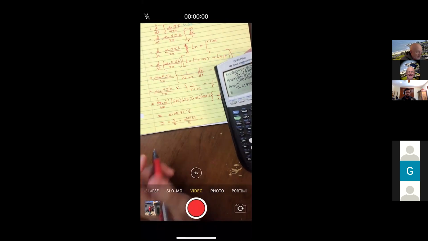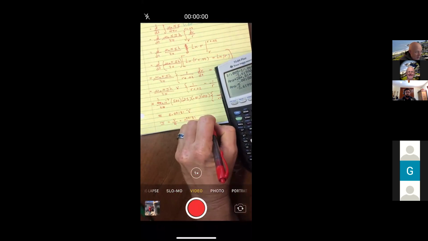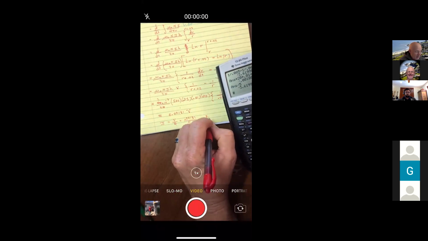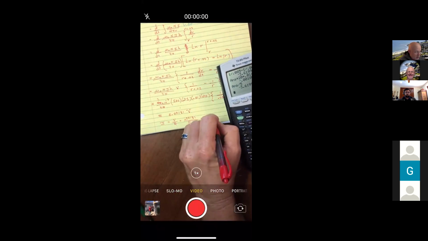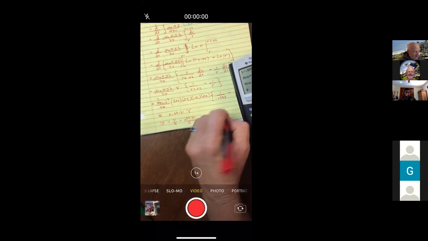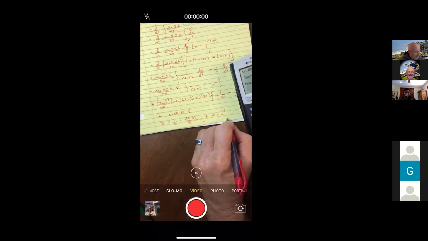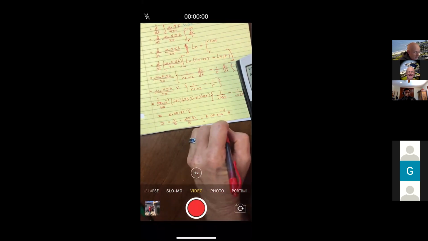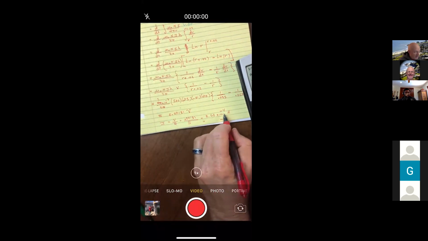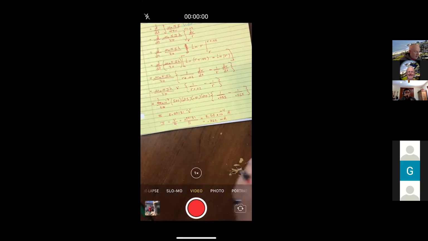And I get then a current of 3.62 times 10 to the minus 4. Let's see, that's amps. So if I write it in milliamps, 10 to the minus 3, that'd be 0.362 milliamps.